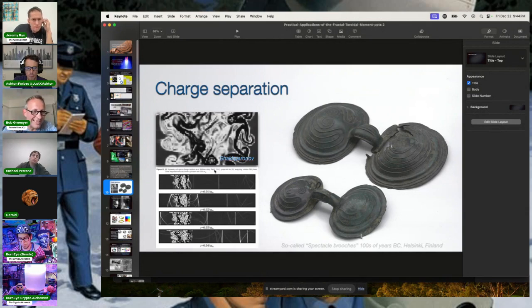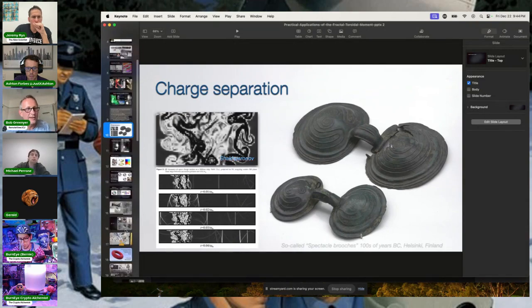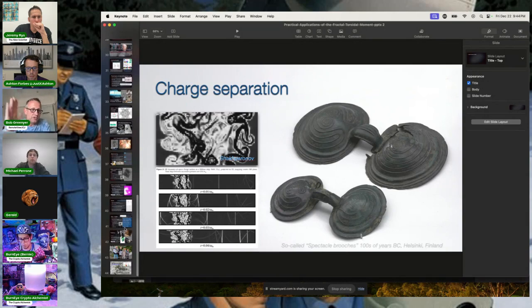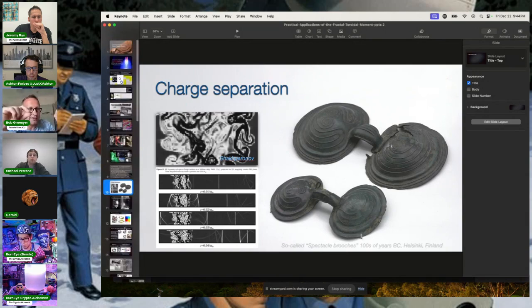You're seeing positive space charge vortex and anti-vortex, and negative space charge vortex and anti-vortex, and that sets up the space-time charge system that, when you hit it, produces this phase singularity, and that produces the topological monopole.